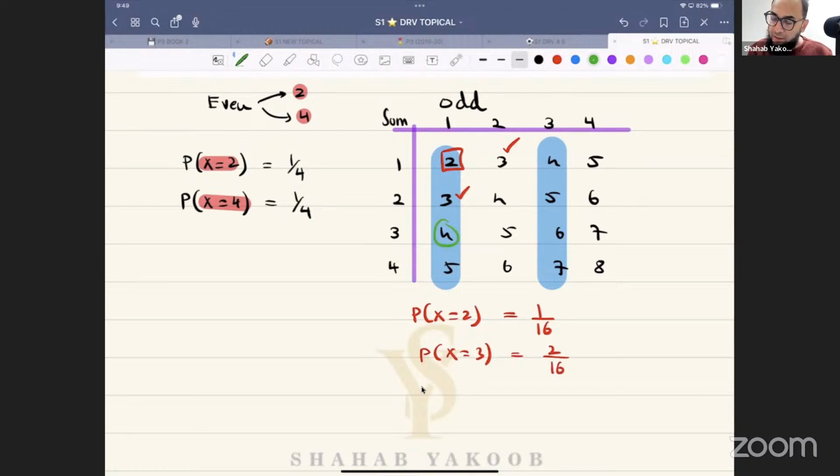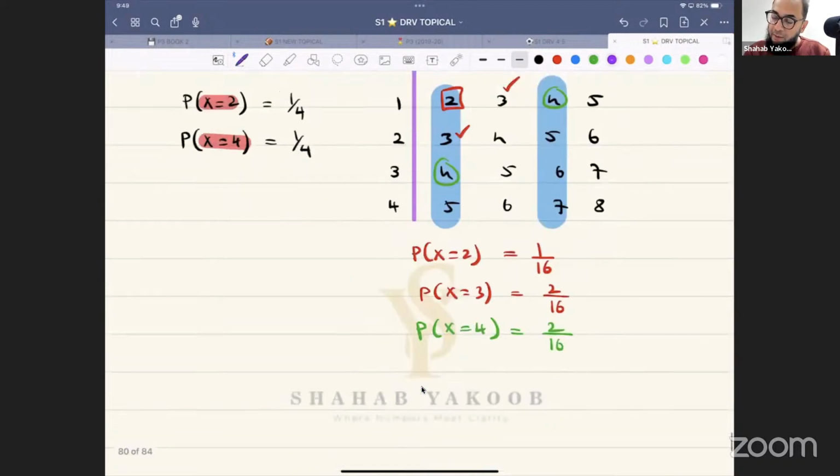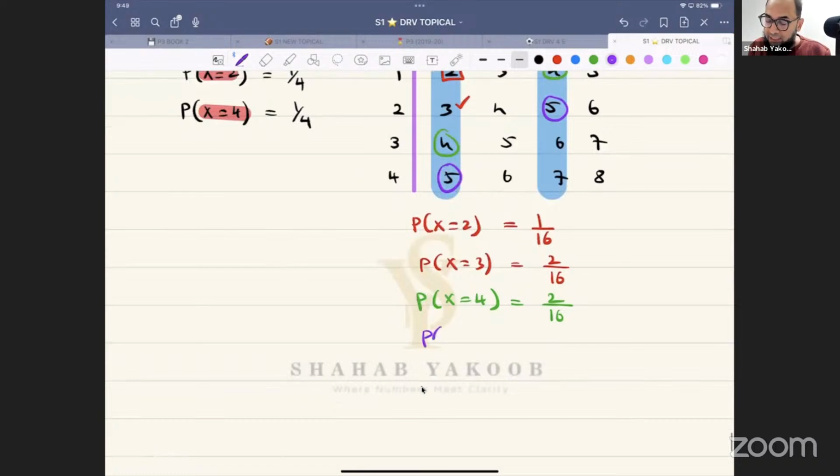That is 1 and 3 from the odd, so probability x equals 4 is 2 out of 16. Similarly, probability x equals 5 is 2 out of 16. And then probability x equals 6 is 1 out of 16.